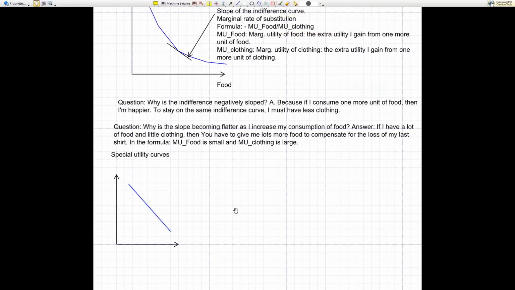What is that? So here, what I've been saying is it becomes flatter as I increase the amount of food. Here it doesn't become flatter, it's always the same slope. What could that be?